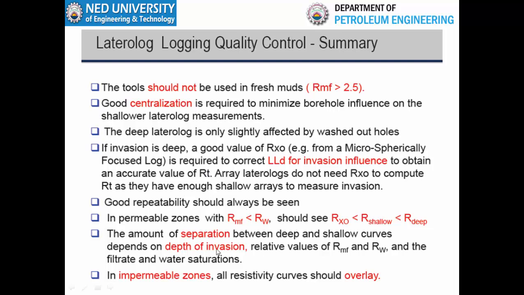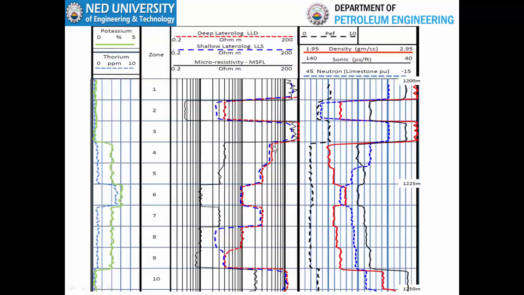And we know that RT is the resistivity of the uninvaded zone. RXO is the resistivity of the flush zone, and RXO is read from the MSFL curve. So all these black lines show the resistivity of the flush zone, which is RXO, and the LLD, represented through the dashed red line, is the RT value.